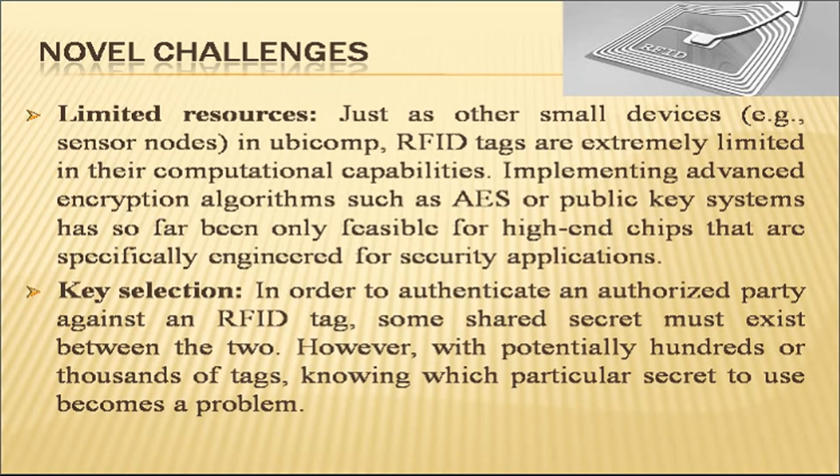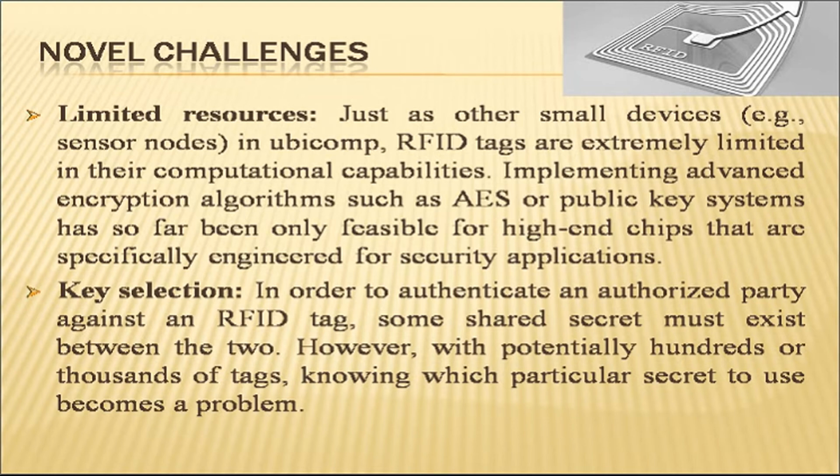Now even if I want to apply these algorithms, due to the limited computational capabilities, I cannot use them here. The second problem is, in order to authenticate an authorized party against an RFID tag, some shared secret must exist between the two. But because of potentially hundreds or thousands of tags, it is very difficult to remember which particular secret belongs to which tag.